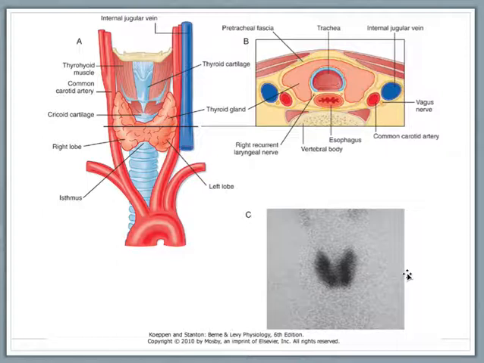So this scan here in C is showing you a nice healthy thyroid, and where you see the darker colors, that's iodine uptake. And iodine is essentially incorporated into the final products eventually of thyroid hormone. So this is showing you a high level of activity and a uniform coloring, which indicates healthy, active thyroid function.